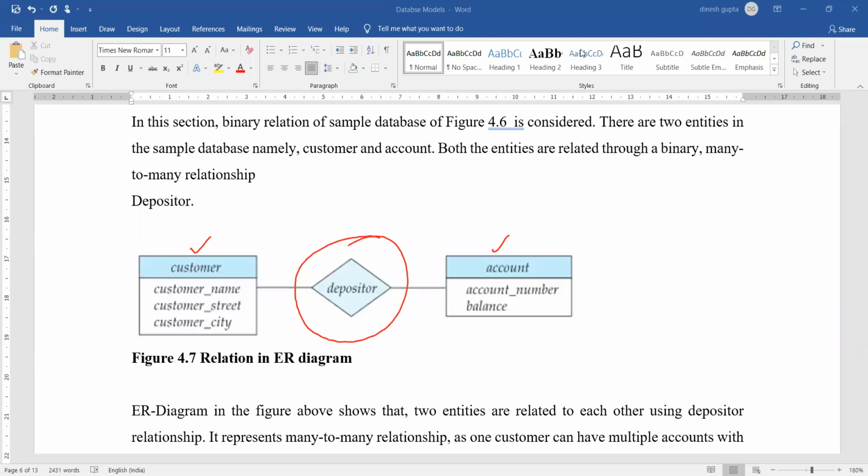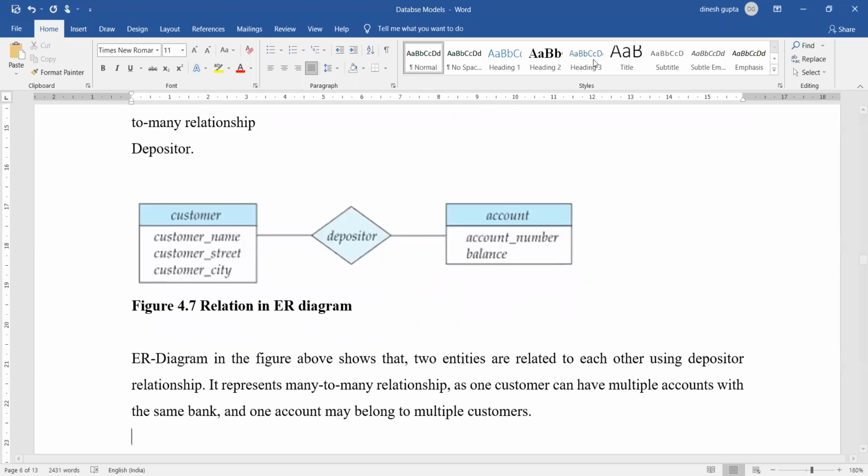Now this relationship is basically a many to many relationship, that means N to N, because one customer can have multiple accounts and one account can be held by multiple customers. So connectivity is many to many, the relationship is depositor, and there are two entities. Now this is not an example of network model, but it is an example of ER diagram.